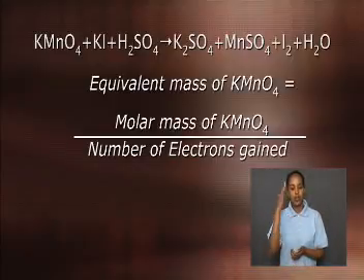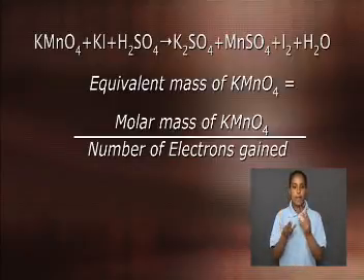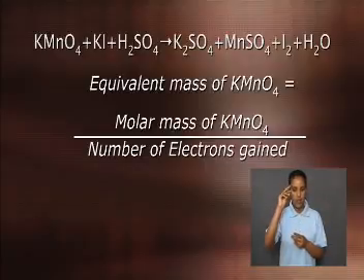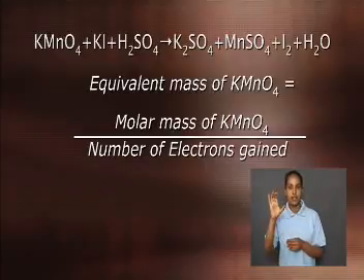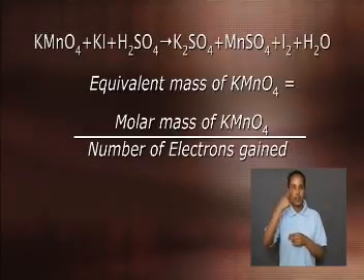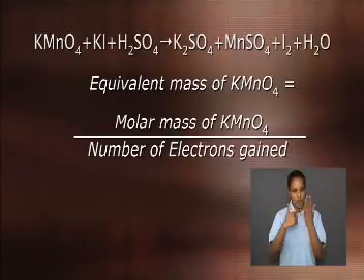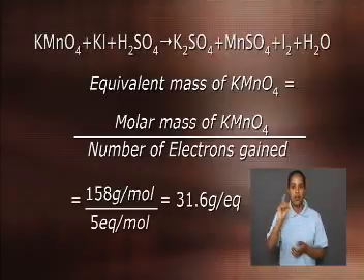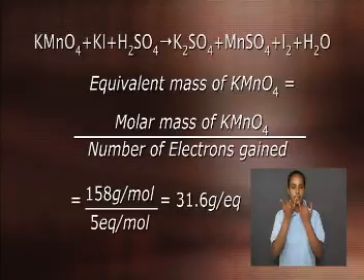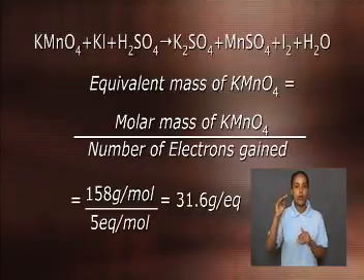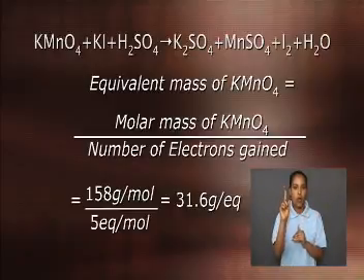We know that the molar mass of potassium permanganate is 158 grams per mole. Therefore, 158 grams per mole divided by 5 equivalents per mole equals 31.6 grams per equivalent.